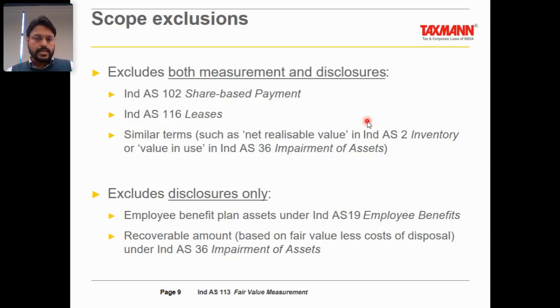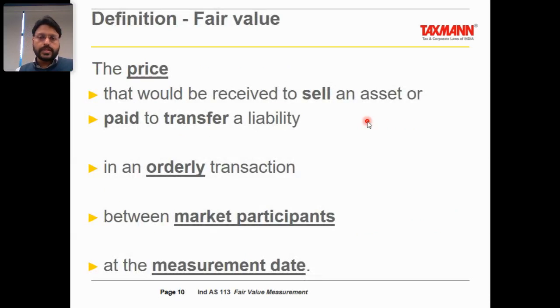So this standard tells you or answers you the question of how the fair value will be measured. Now, what is the definition of the fair value as per this standard? So the definition here is the price that would be received to sell an asset or paid to transfer a liability. Now, from the bold words, it is very clear that this is talking about the exit price.